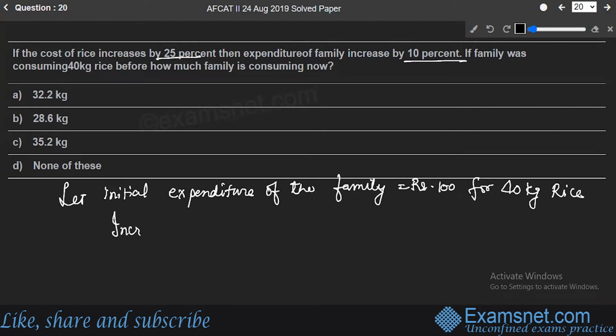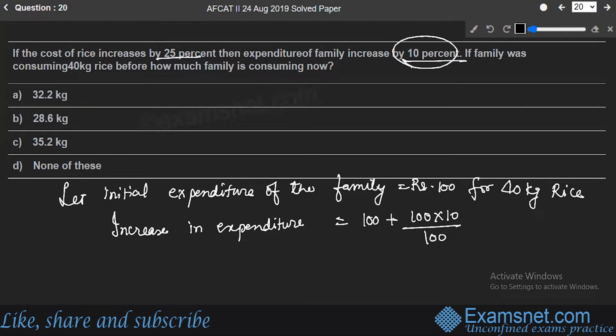Now, how much increase in expenditure is there? It is 100 plus 100 into 10%. This is the percentage increase. 10% increase in expenditure. So this will cancel and you will have 110 rupees. So after the 10% increase in expenditure, the new expenditure was 110.